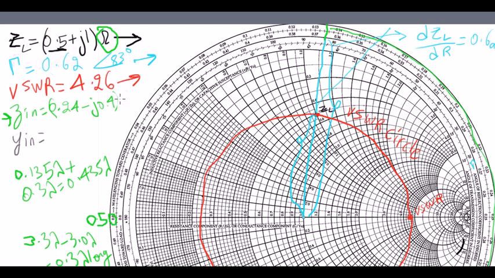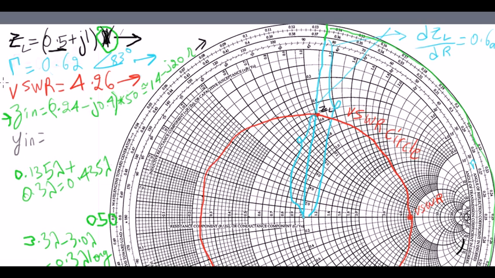You multiply by 50, and you end up with a value which is approximately maybe 14 minus j20 ohms. This is where the ohms come in. And this will be your actual value for your input impedance.